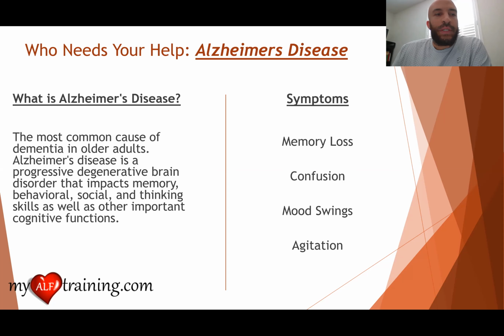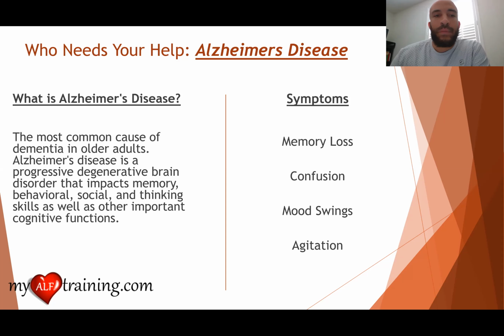Now, Alzheimer's disease. Alzheimer's disease is the most common cause of dementia in older adults. As we're living today in the year 2020, we're going to see more and more of an aging population, and dementia is something that's going to become more prevalent in today's society, especially in the assisted living facilities and care facilities that you're working in.